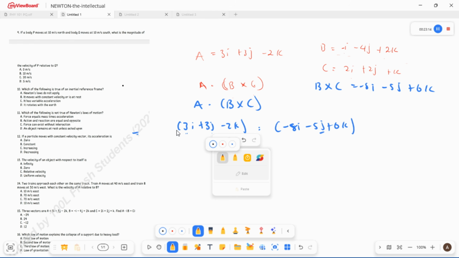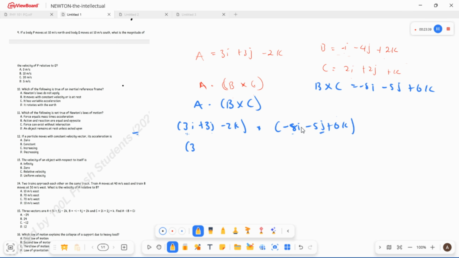So we're not going to use 3i to multiply everything in the second one. We're just using 3i to multiply only minus 8i, because that's the only term that has an i. Do you understand? All right. So we're going to be having just the numbers. We're not going to multiply the i together, but the coefficients of i, j and k will multiply their correspondence in the other bracket.